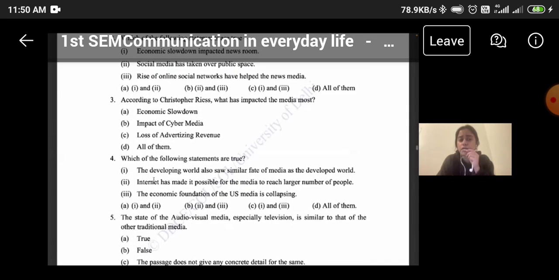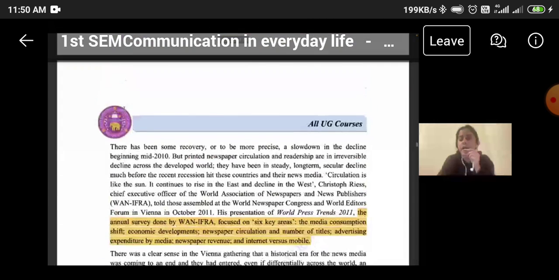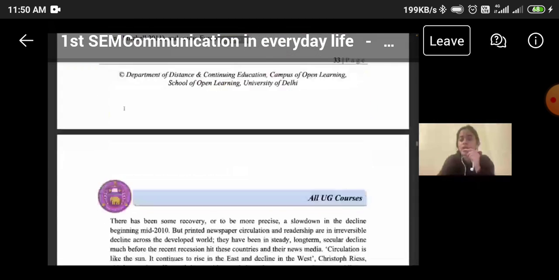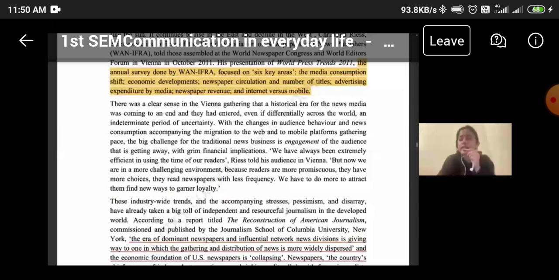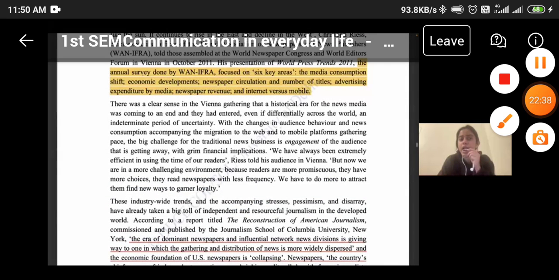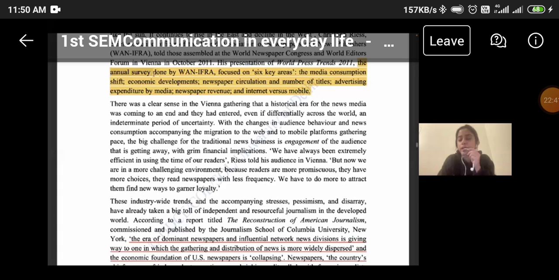Now coming to question number 3, according to Christopher Race, what impacted the media most? Is it the economic slowdown, the impact of cyber media, or the loss of advertising revenue? All these three we come across when we are looking at the 6 key areas that have been given after the annual survey. As quantifiable data, what would a survey mean?